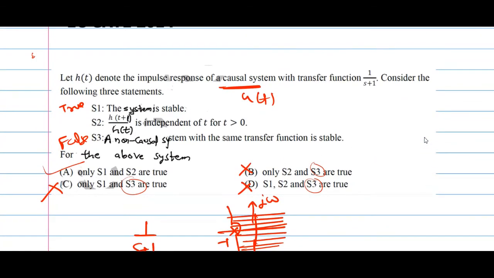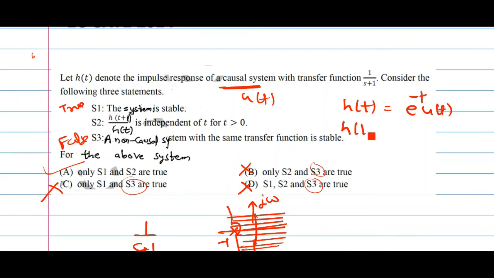Okay. So first read the question. Let h of t denote the impulse response of a causal system with transfer function 1 upon s plus 1. So what will be its inverse? A causal system is mentioned, so e raised to minus t u of t. Now h of t plus 1. How will you find h of t plus 1? Just put t plus 1 in place of t.